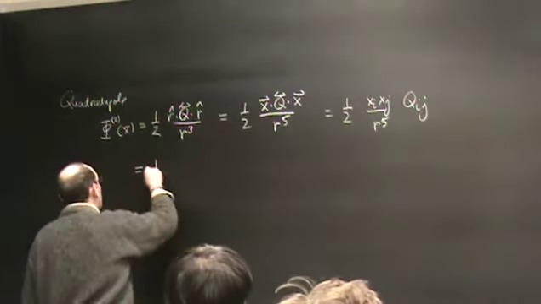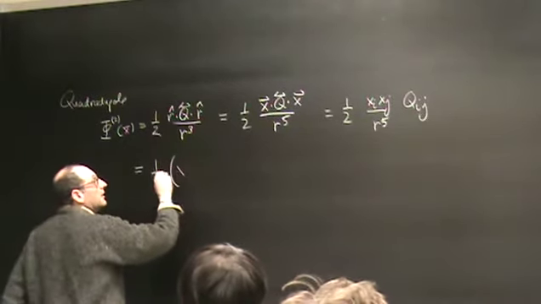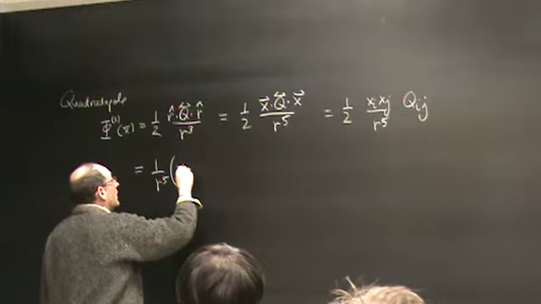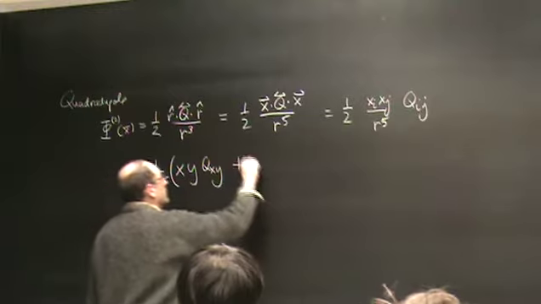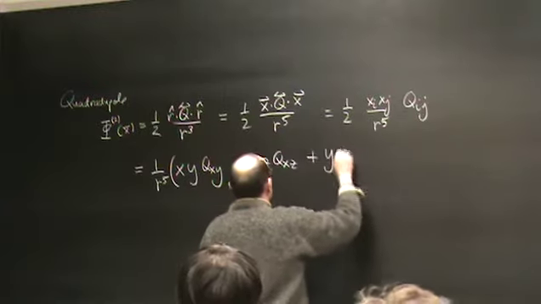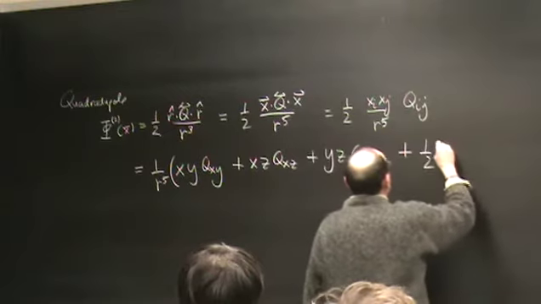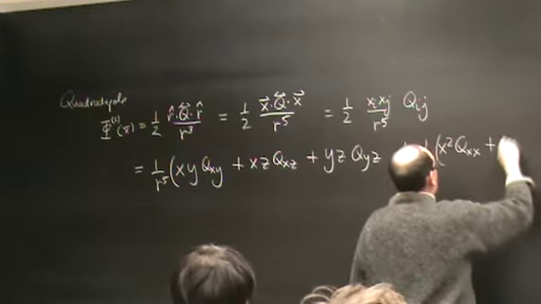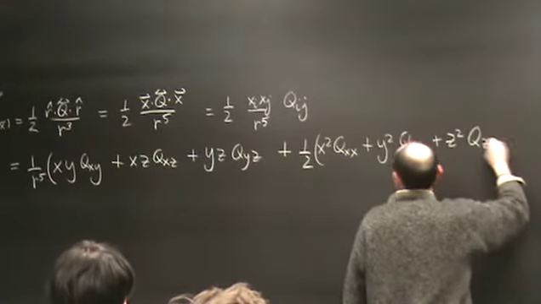So this becomes 1 over r to the fifth times xy Qxy plus xz Qxz plus yz Qyz plus a half x squared Qxx plus y squared Qyy plus z squared Qzz.